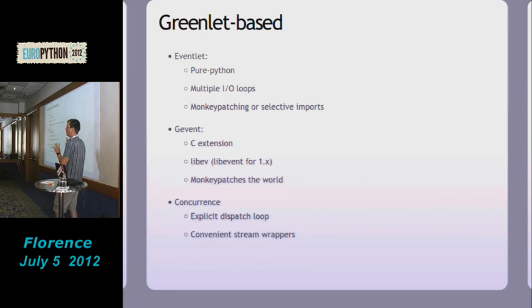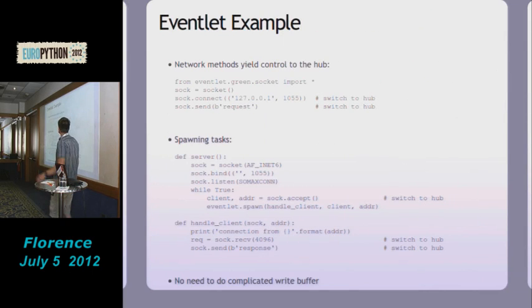They run a hub with an I/O loop in the background, with different approaches to how they implement it. Basically they change the socket implementation, so instead of using the native socket, they will automatically switch to a hub.